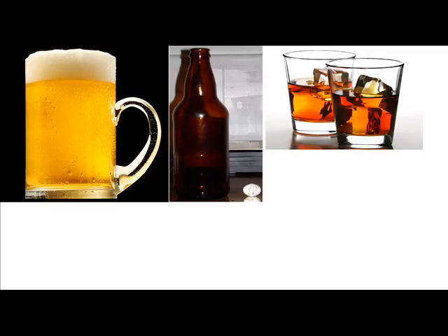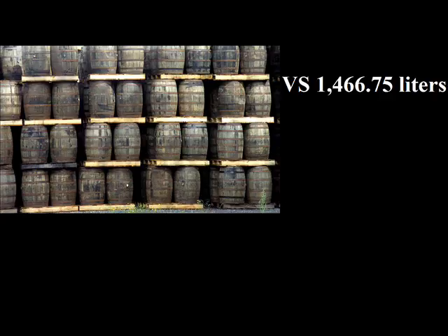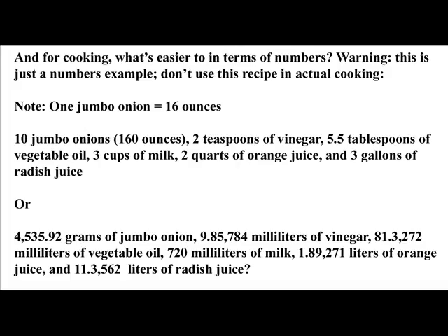And makers and sellers of alcoholic beverages, isn't it easier to remember and say to your coworkers/the boss something like, "we sold 25 barrels of wine today," as opposed to, "we sold 1,466.75 liters of wine today"?